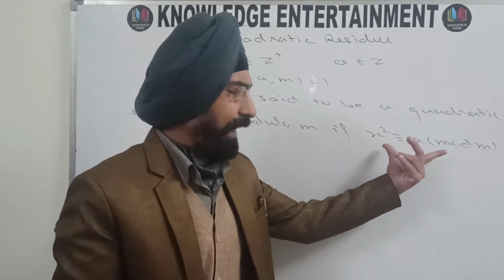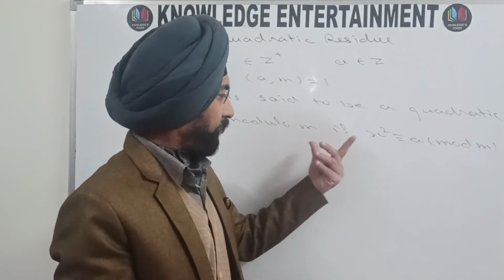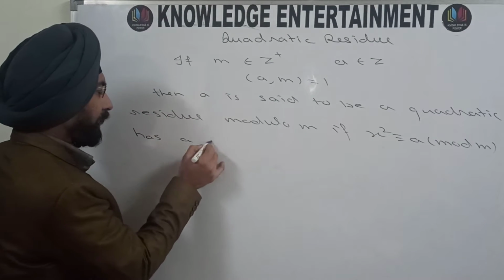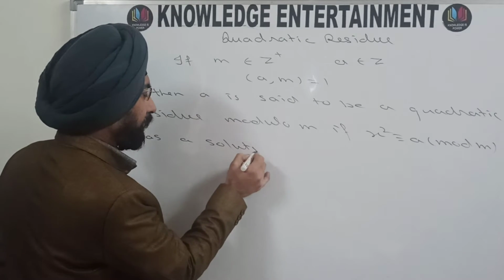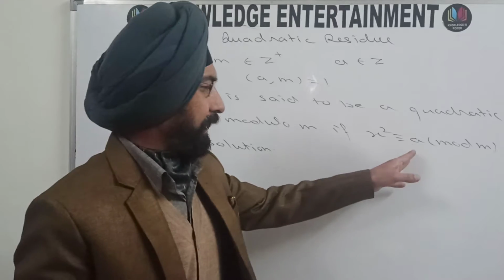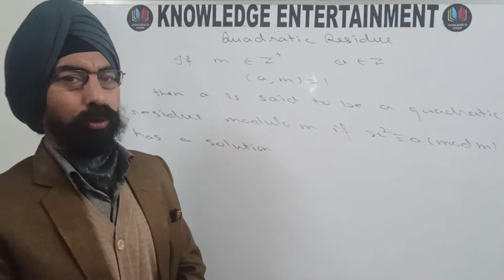If this equation has a solution, then we say that a is a quadratic residue modulo m.